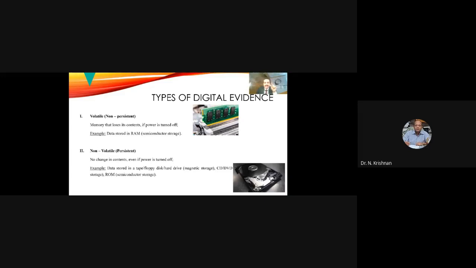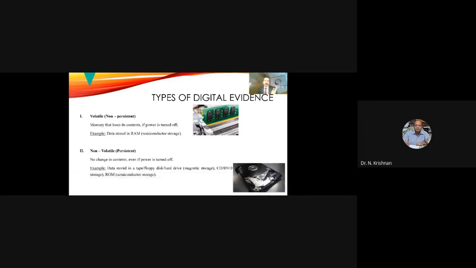So this data, which is sensitive to the power, is called volatile data. That means memory that loses its contents if power is turned off. The best example is data stored in RAM, that is, random access memory. That is the data which can be lost because you switch off the computer.